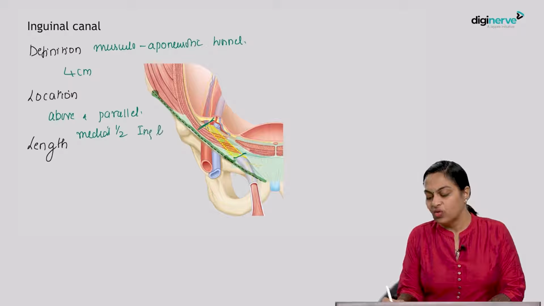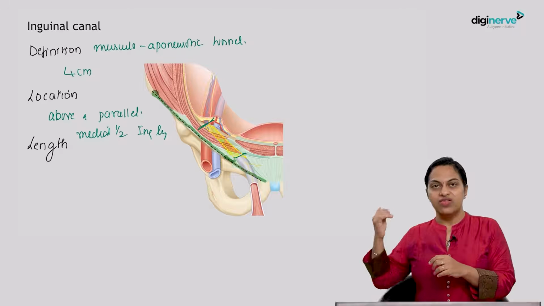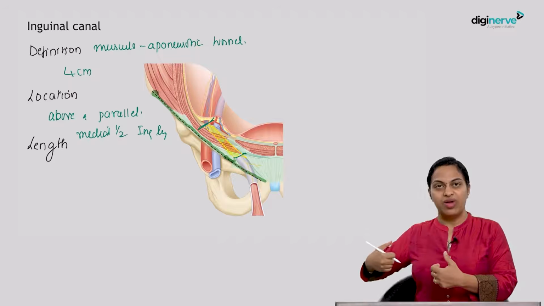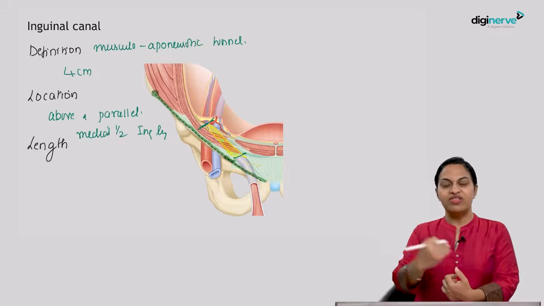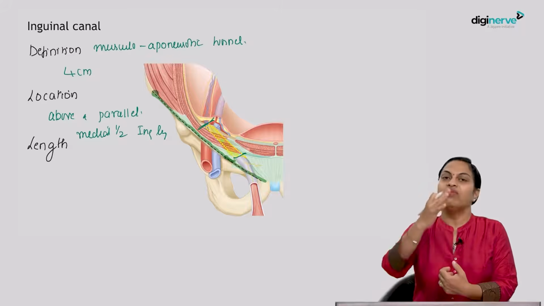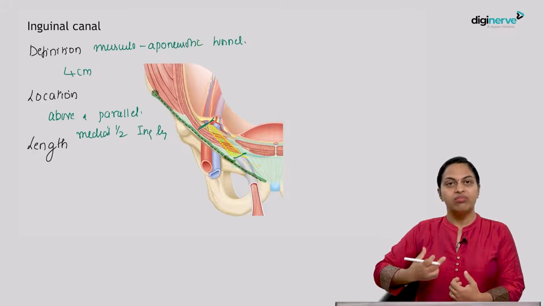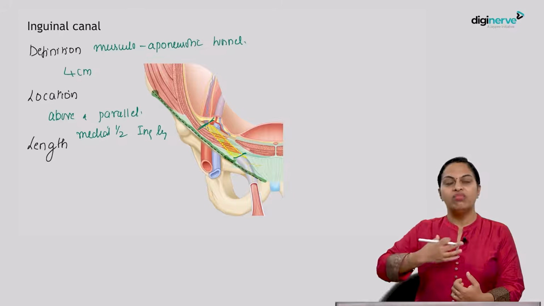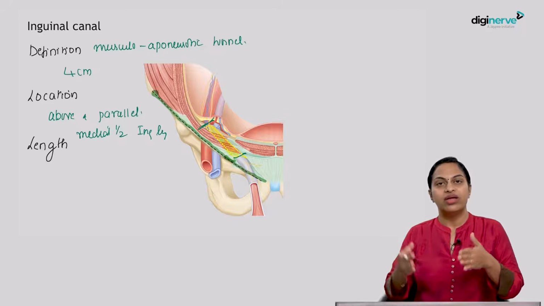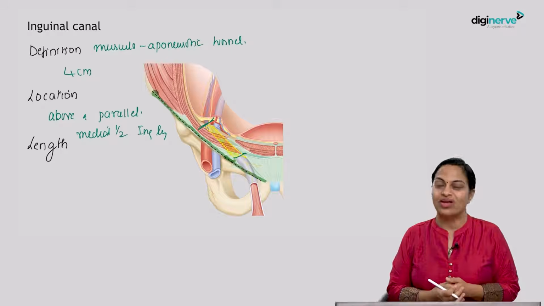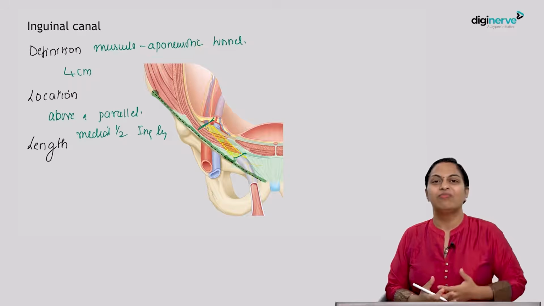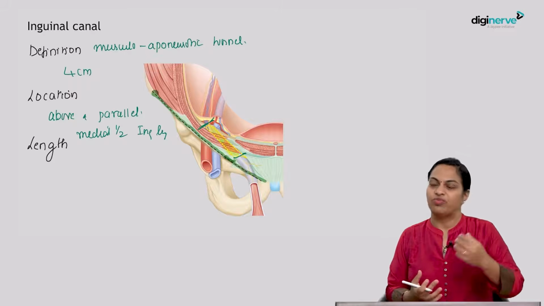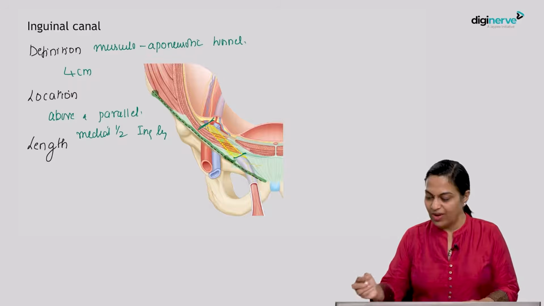So, in the cadaver, just feel for the anterosuperior iliac spine and the pubic tubercle, and you can see the inguinal ligament. Now, where will you look for the inguinal canal? Go to the medial end. Just above the medial half of the inguinal ligament, we get to appreciate the presence of the inguinal canal, which is well developed in the male because of the passage of the spermatic cord.